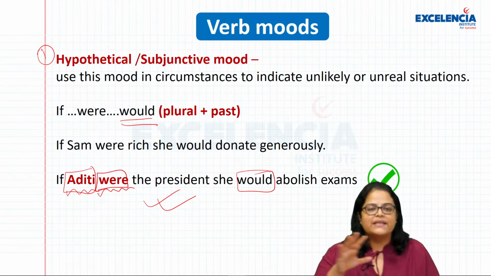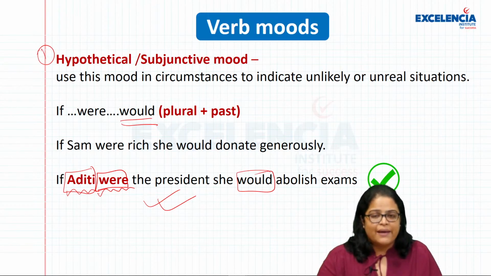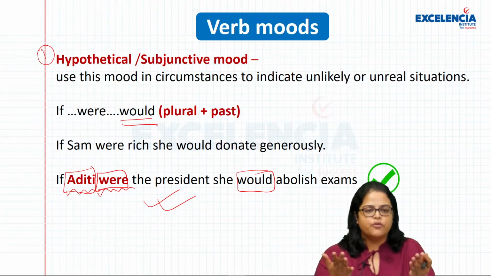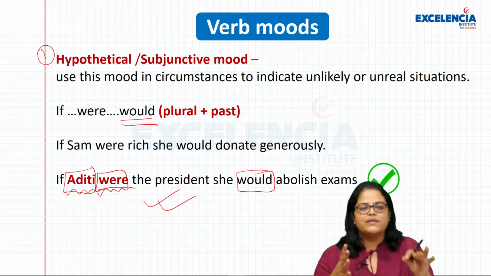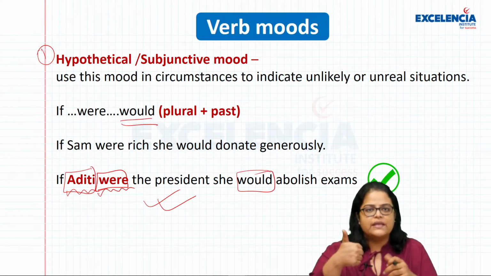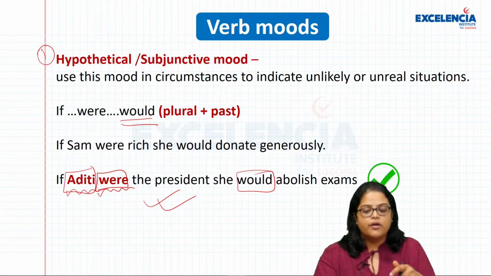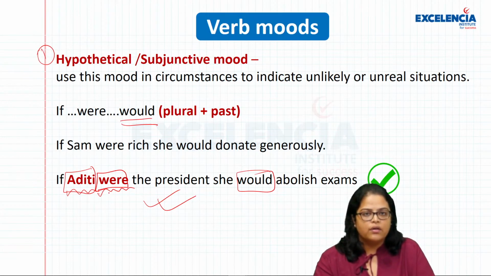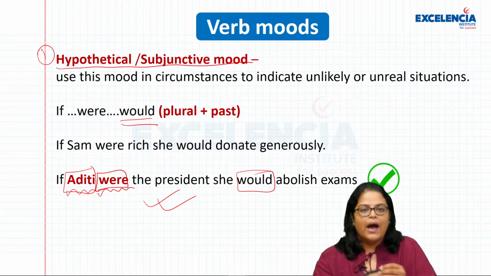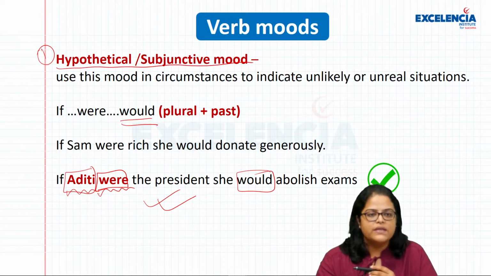Subjunctive mood violates the subject-verb agreement. Subject-verb agreement, for those who were not there for the first lecture, means the subject and the verb have to agree with each other in number. So I would always say, guys, Aditi was coming to my house. You never say Aditi were coming to my house. Aditi singular, was singular. But here you're saying if Aditi were, and that's correct because it's hypothetical. So a hypothetical, a subjunctive, will always take a were.